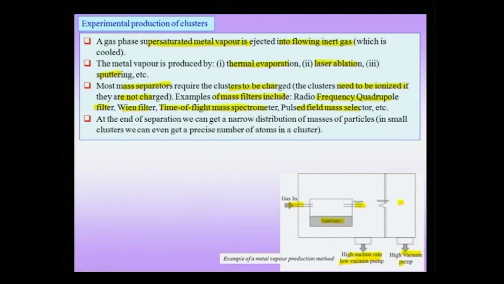At the end of the separation, our goal is that we have a narrow distribution of masses of these particles or these clusters, and if you are talking about small clusters, we would even like to get a precise number of atoms in these clusters, because as we have noted before, in small clusters addition or removal of a single atom can lead to very steep changes in their magnetic properties.